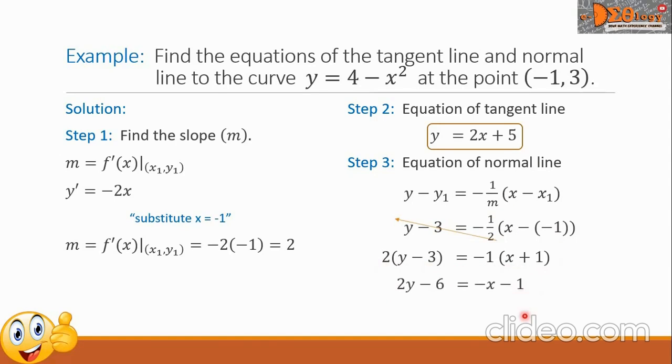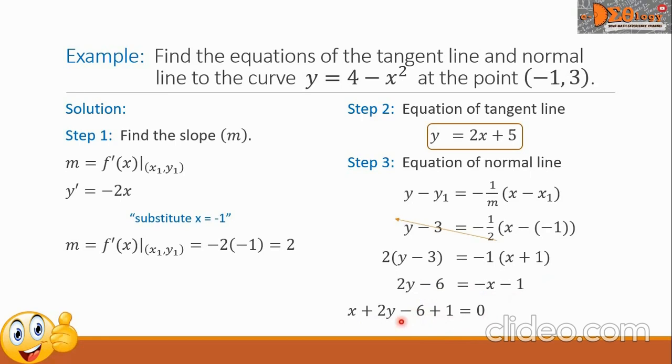Simplifying both sides, we have now 2y minus 6 equals negative x minus 1. Since we have here a negative x, let us transpose all terms of the right side going to the left. Of course, we know that the signs must be changed respectively. So we have now x plus 2y minus 6 plus 1 equals 0.